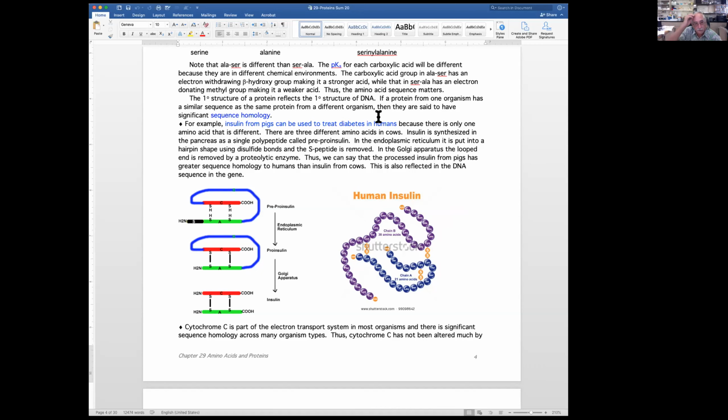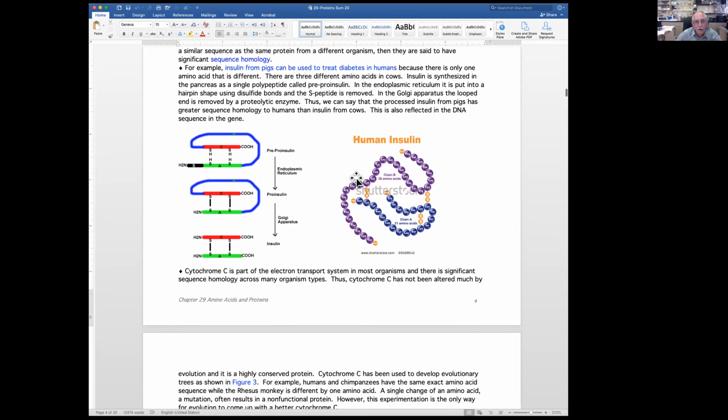Similar primary structure. So for example, the insulin from pigs can be used to treat diabetes in humans because there's only one amino acid that's different. If you look at insulin in cows, there are 3 different amino acids. So that means that pigs are closer to humans than cows, according to insulin. Okay.